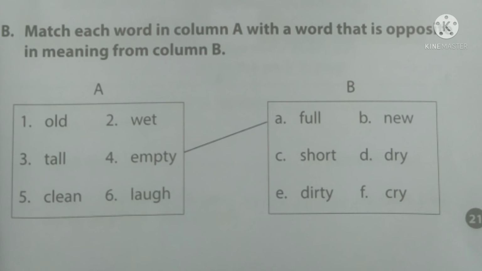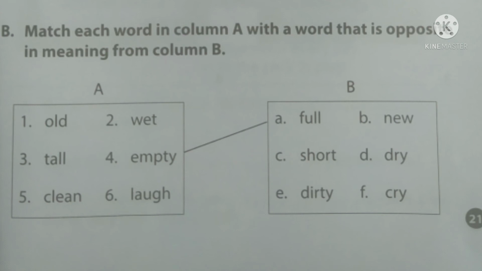Now, section B. Match each word in column A with a word that is opposite in meaning from column B. Dear children, you can see two columns, column A, column B. So, in column A, there are 6 words.